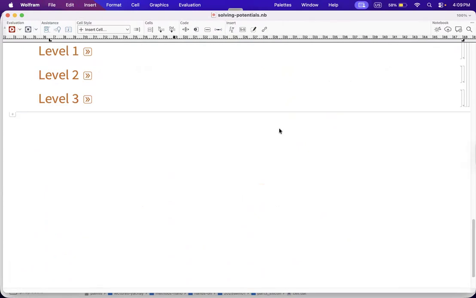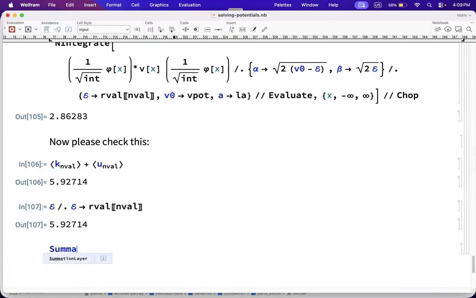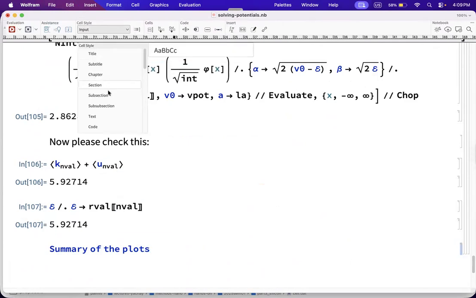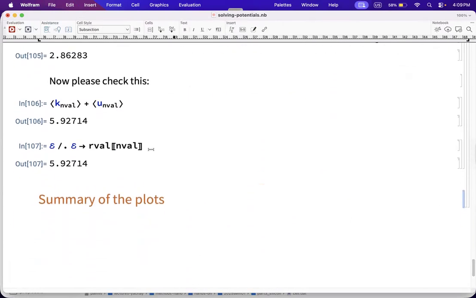So now I'm going to put in a subsection, a summary of the plots. Yes, I'm going to put this as a subsection: Summary of the plots.